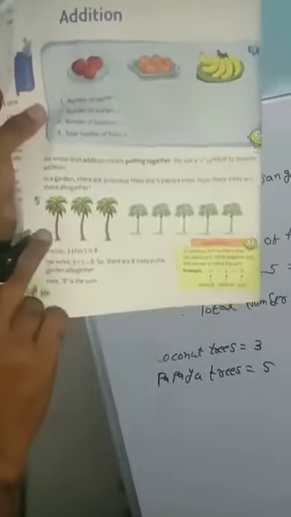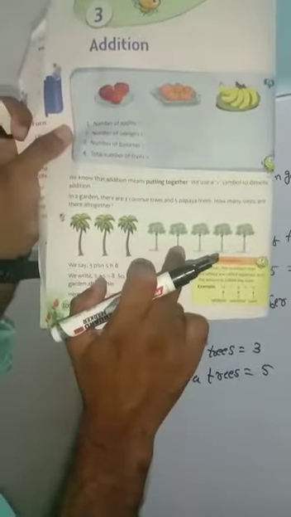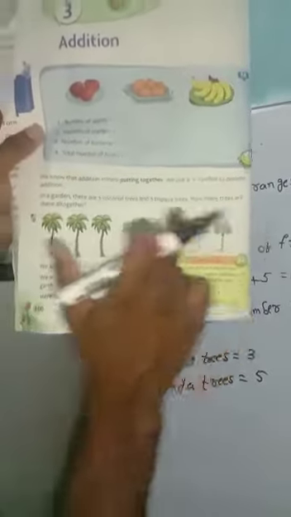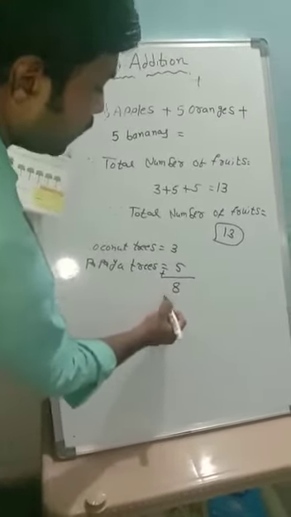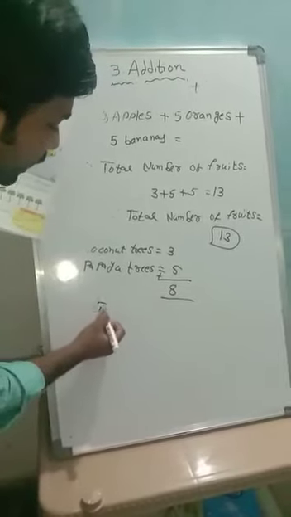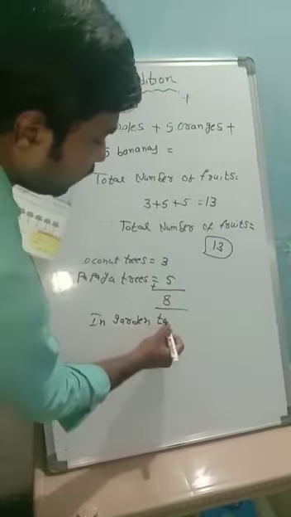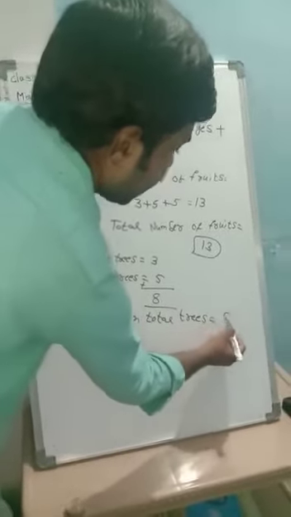Now count. 1, 2, 3, 4, 5, 6, 7, 8. So in the garden total 8 trees are there. So total 3 plus 5 is equal to 8 trees. Therefore in the garden total trees is equal to 8 trees.